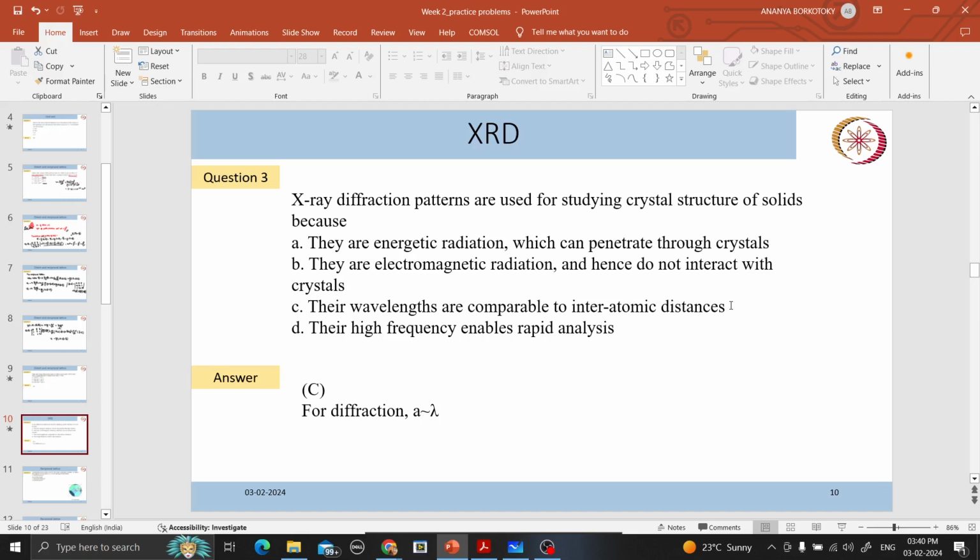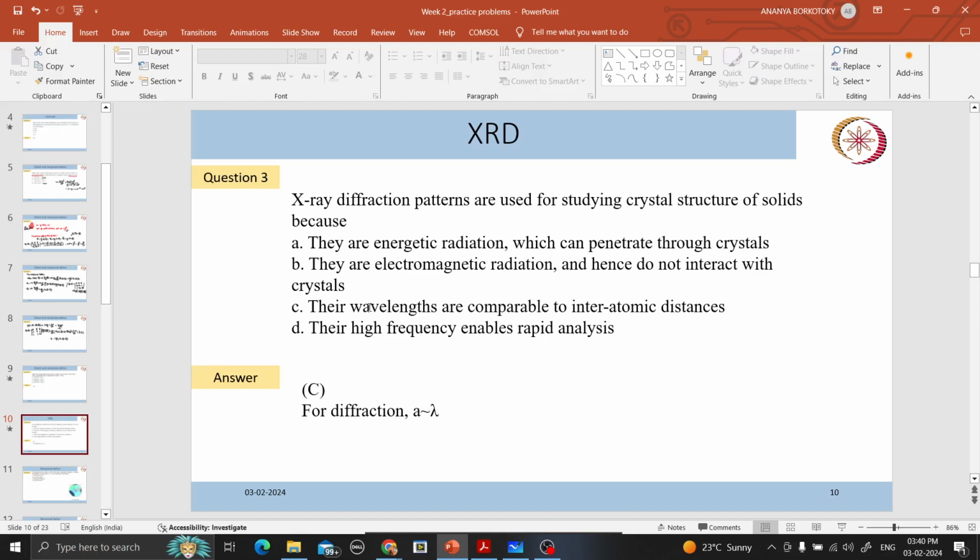That is the lattice constant. Nearest neighbors will be at root 3a by 4, so that will be the distance, but typically it is in angstrom. And X-ray wavelength is comparable to that, and because of that diffraction happens.